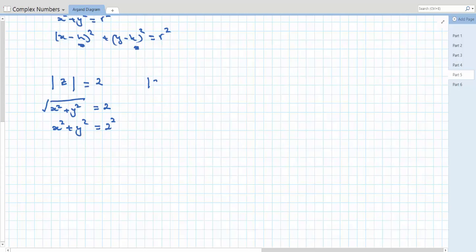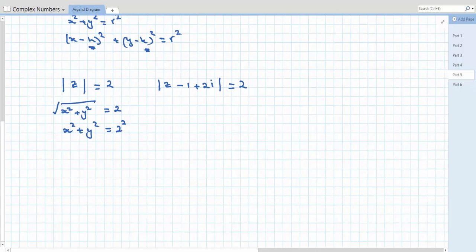What happens if the question was now the locus of a point that follows the following rule? The modulus of z minus 1 plus 2i is equal to 2. We can rewrite this as the modulus of z minus 1 minus 2i.